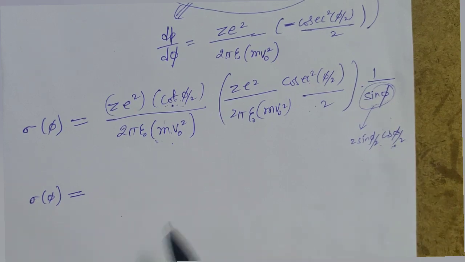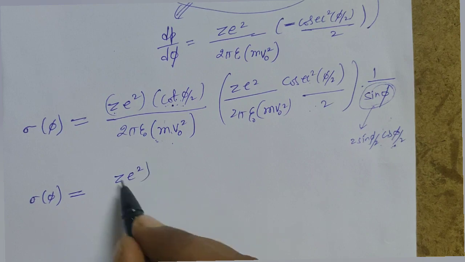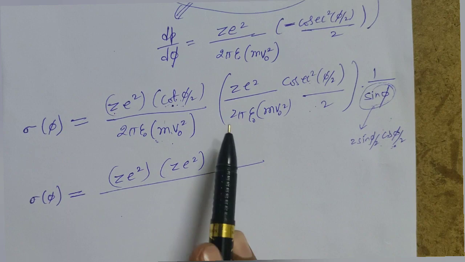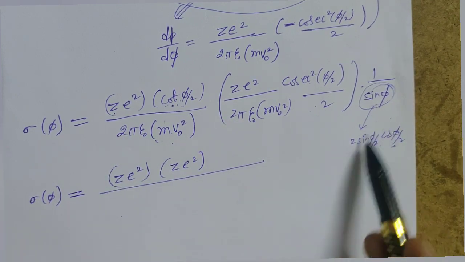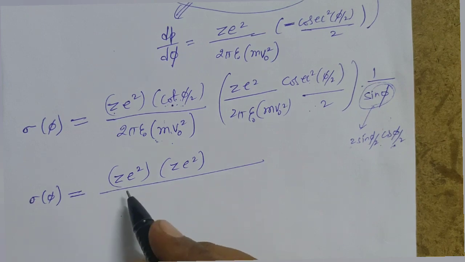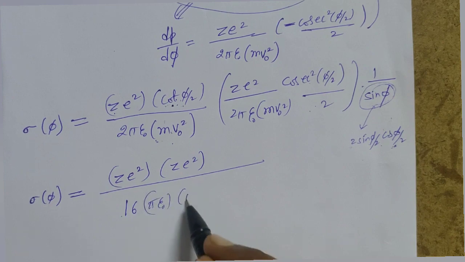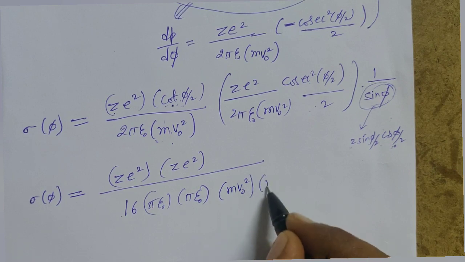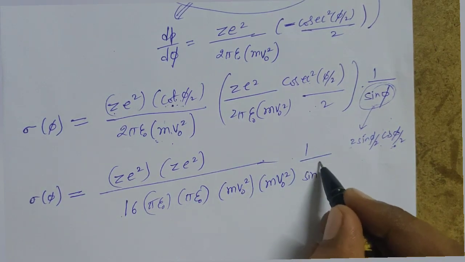So in the numerator, ze square 2 times will be there, ze square into ze square. In the denominator, 2 into 2 is 4, 4 into 2 is 8, and this 2 will come as 16, pi epsilon naught 2 times is there, m v naught square 2 times is there, and 1 by sin power 4 phi by 2.